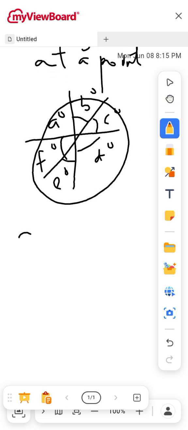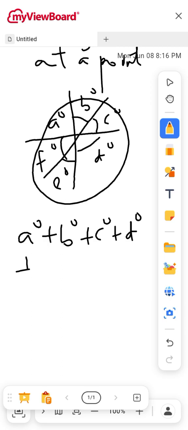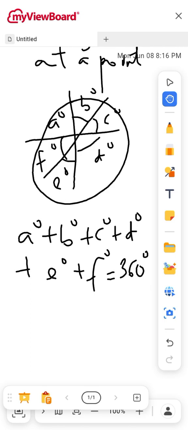That means that A degrees plus B degrees plus C degrees plus D degrees plus E plus F, everything must amount to 360 degrees because sum of angles at a point is 360.